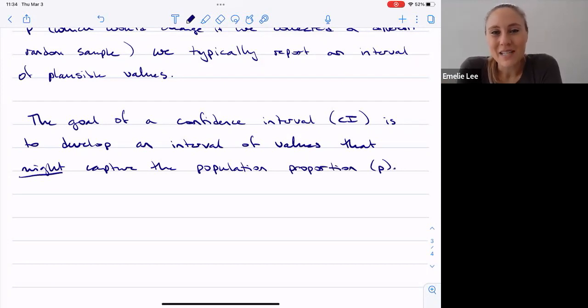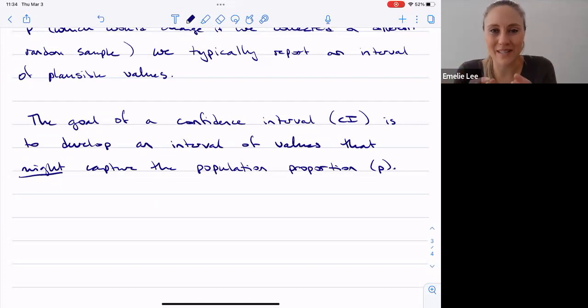And I say might because we're only going to build 95% confidence intervals, 99% confidence intervals. And so we're not going to be 100% confident that we capture this interval, and there are reasons for that I'll show you.